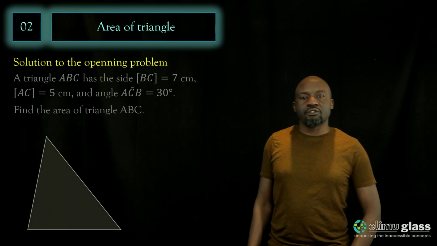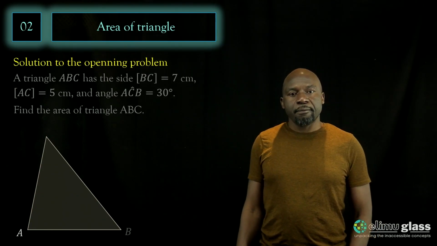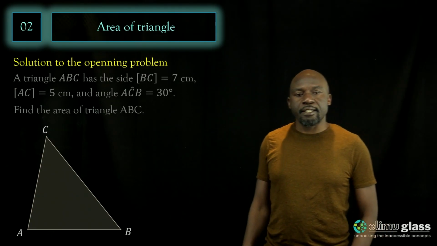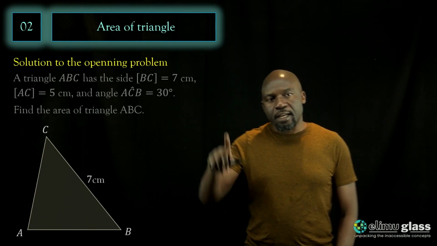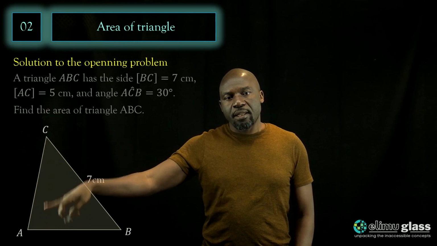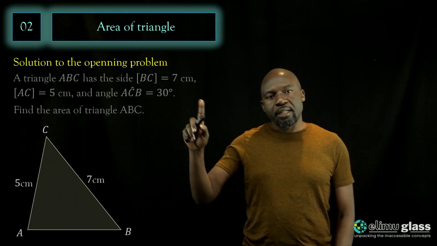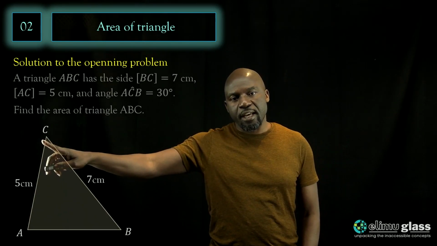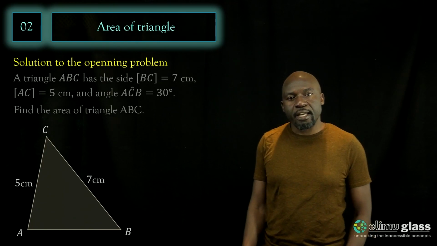Here's triangle ABC, side A, side B, and side C. Side BC is 7 centimeters. Side AC is 5 centimeters. And angle ACB means angle C, so the curve is on C in the middle. That's 30 degrees, given to us.